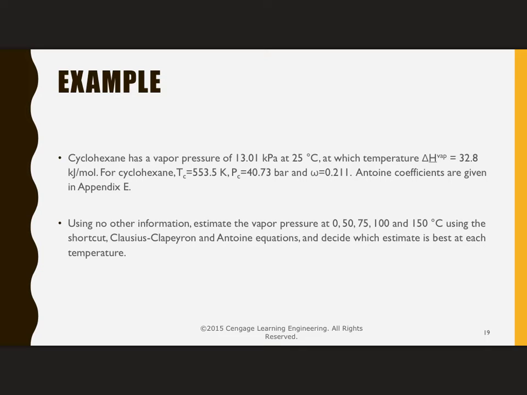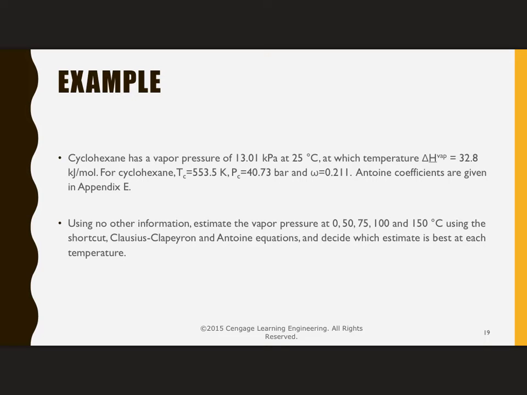If you look at an example, cyclohexane has a vapor pressure of 13.01 kilopascals at 25 degrees C, and at that point the heat of vaporization is 32.8 kilojoules per mole. The critical properties: Tc is 553.5 Kelvin, Pc is 40.73 bar, and the Pitzer acentric factor is 0.211.